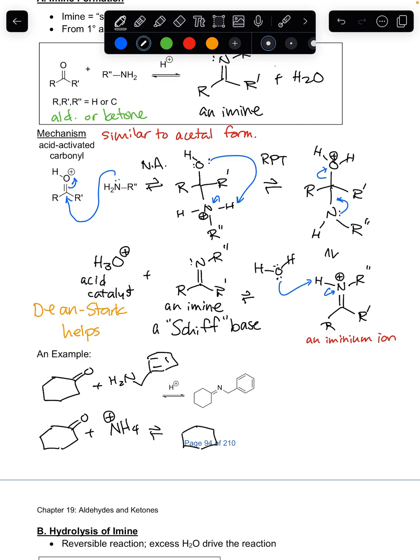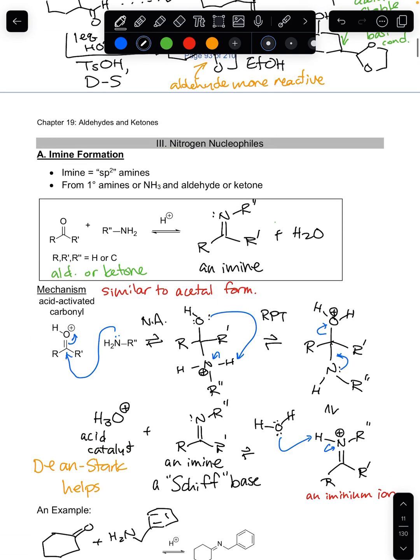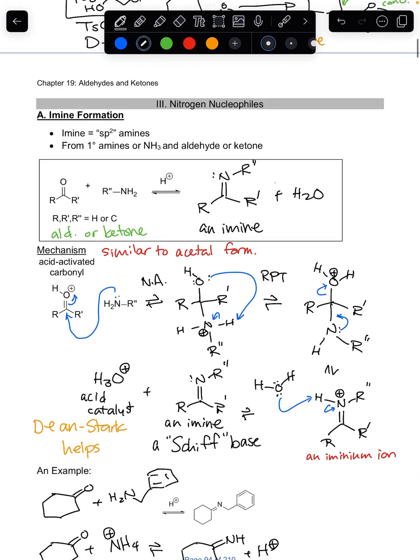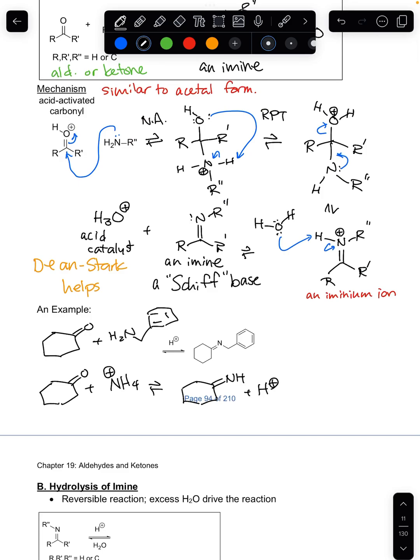These would together give you also this kind of an imine. That's another example. That'll be where this R double prime would be just another hydrogen. Here's another example.